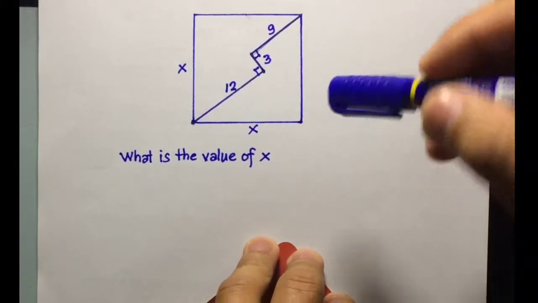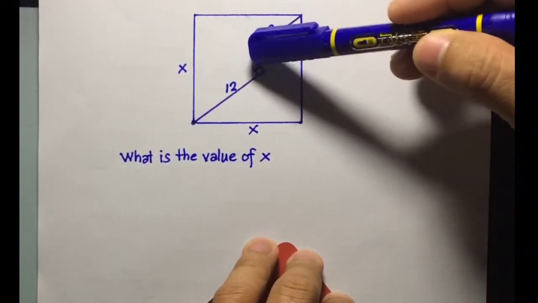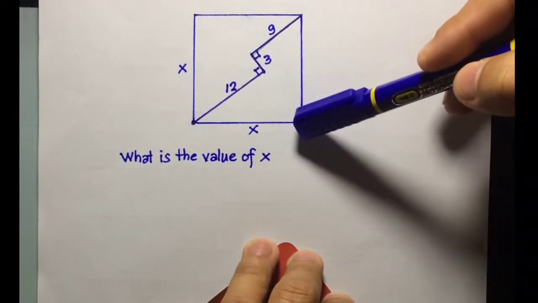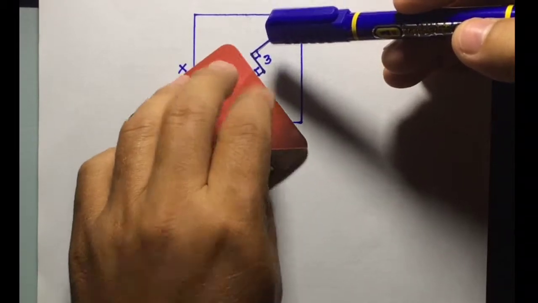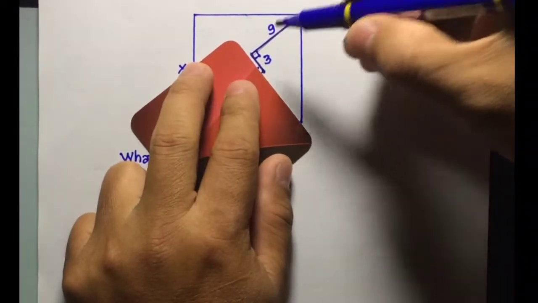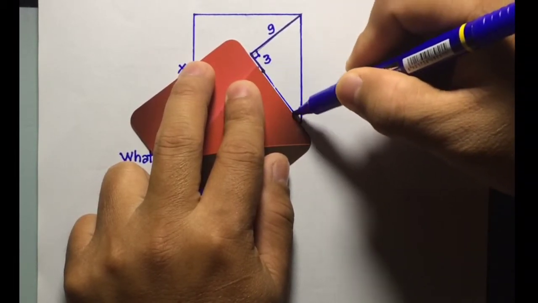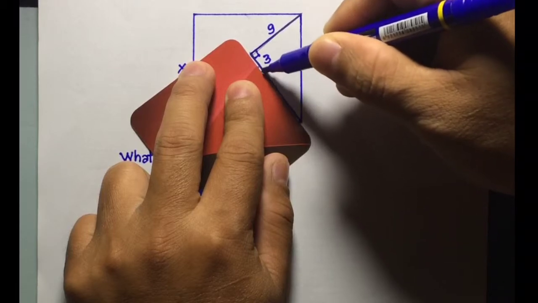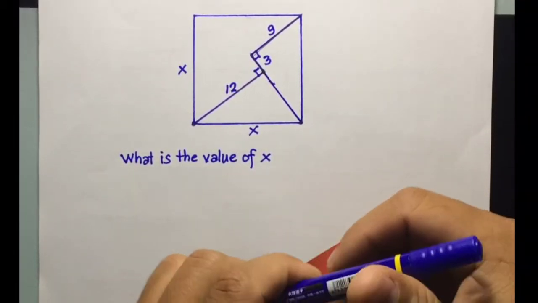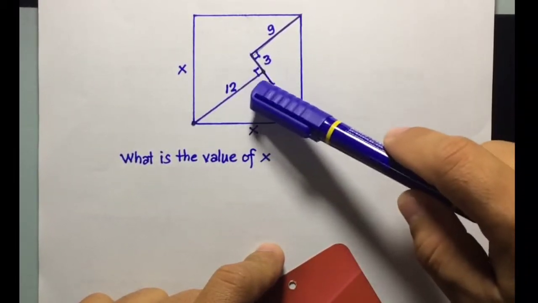So for the solution, I will just extend this line segment, which measures 3, up to this vertex. So here I have formed two right triangles, this one and this one.